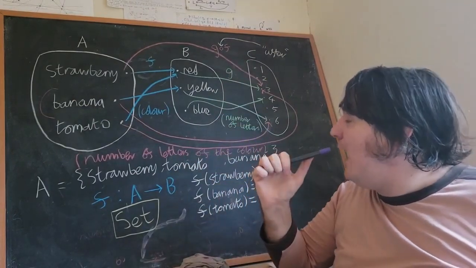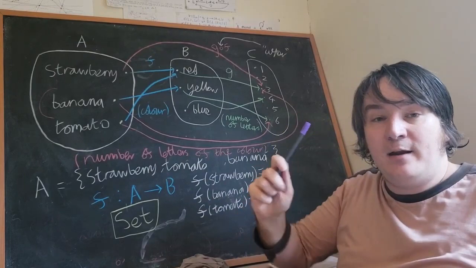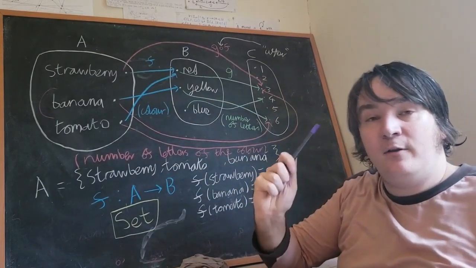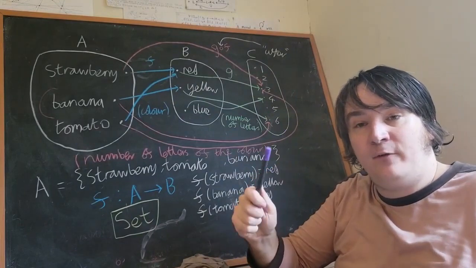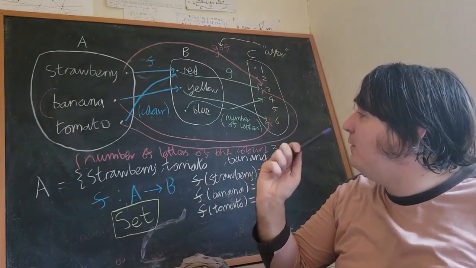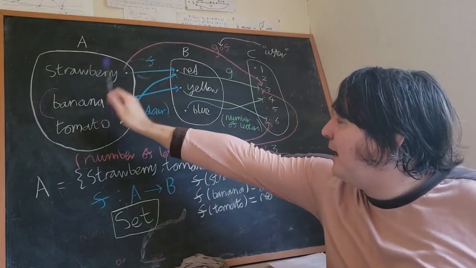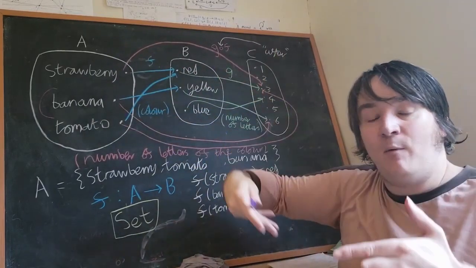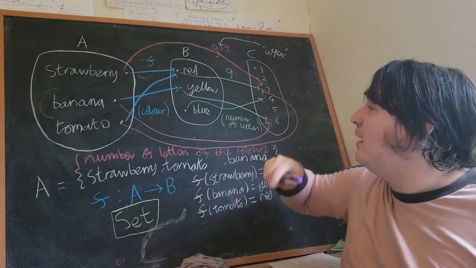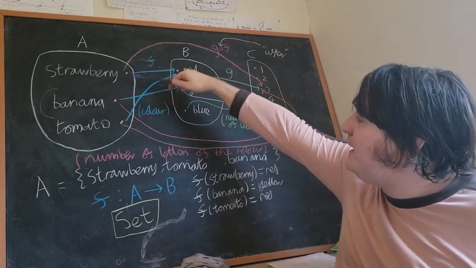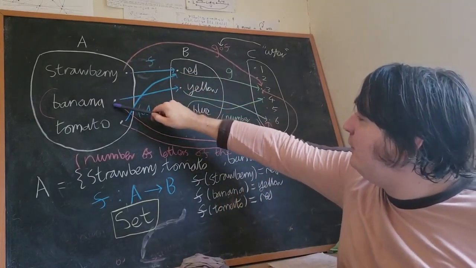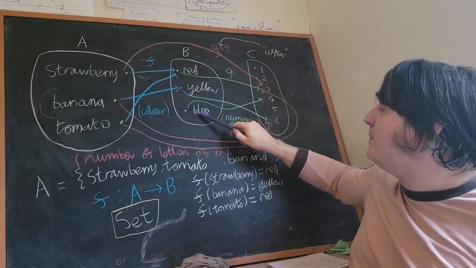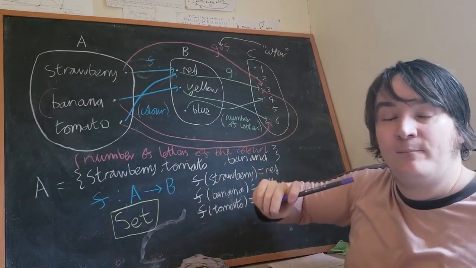Okay. Now, if you're new to the idea of sets and functions, then I would recommend that you do a few different exercises. For example, write down all the different functions from a set A to a set B and think about what kind of properties they have. For example, this function here sends two elements in A to the same element in B. And there's also an element in B that has nothing sent to it.